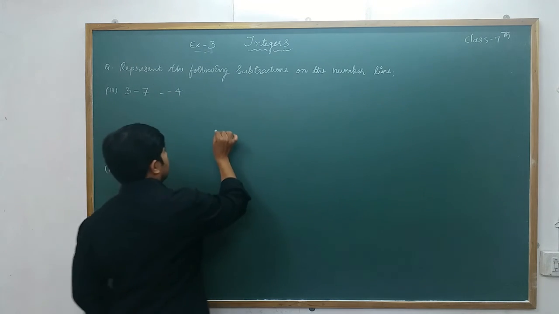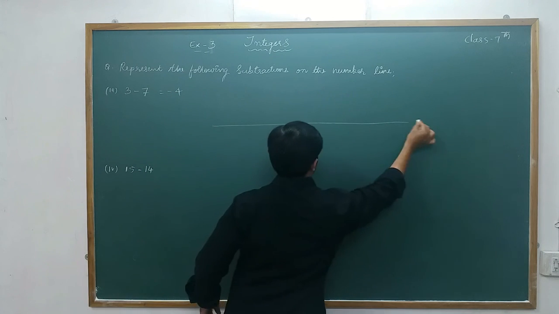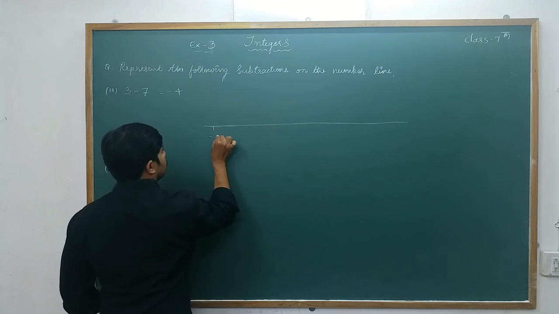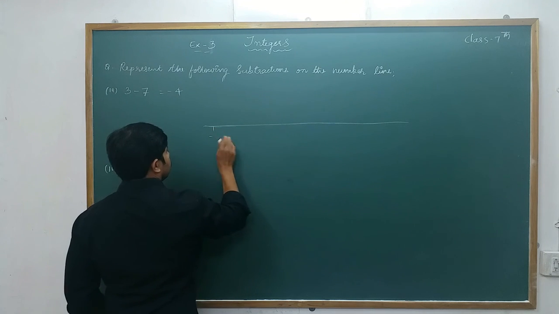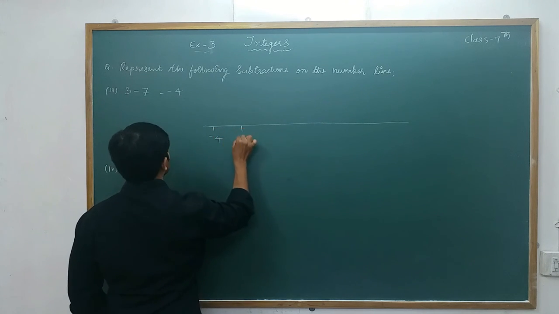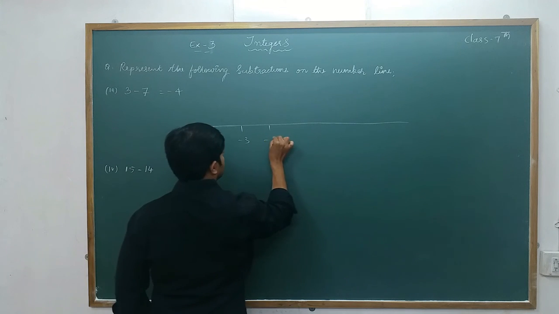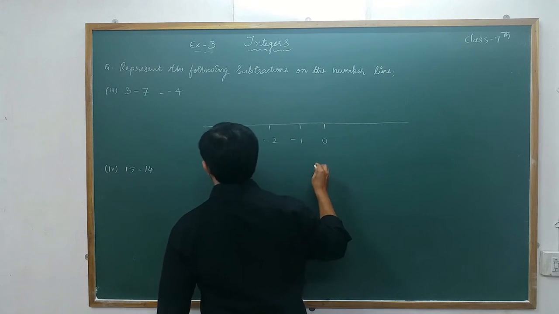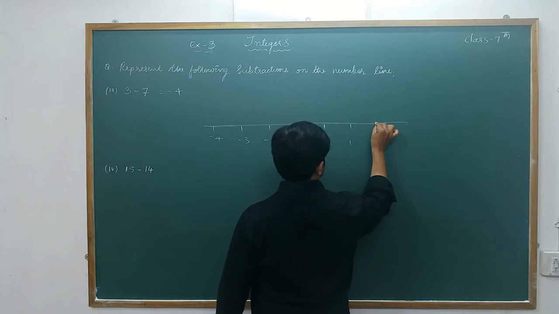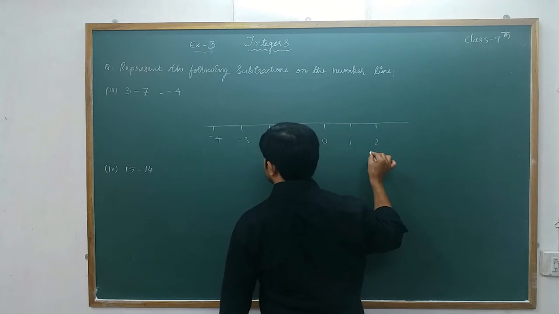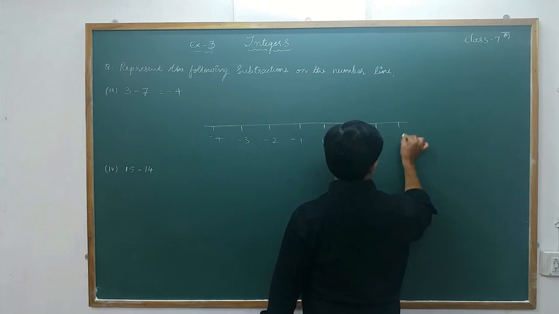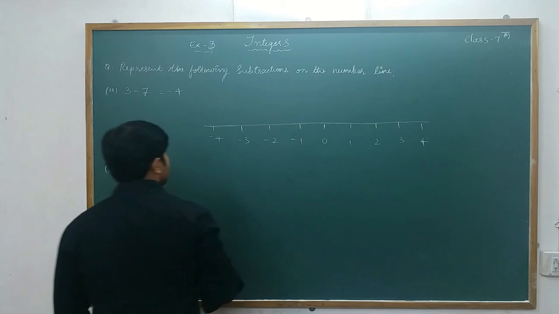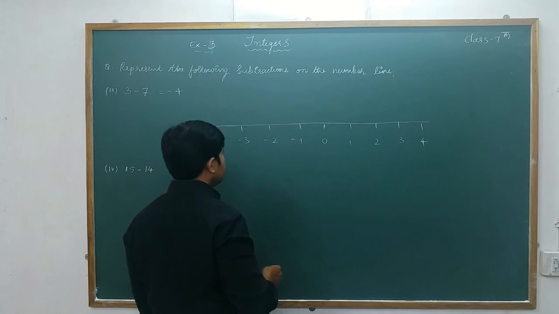So we write on a number line minus 4, minus 3, minus 2, minus 1, 0, 1, 2, 3, 4. 3 minus 7.